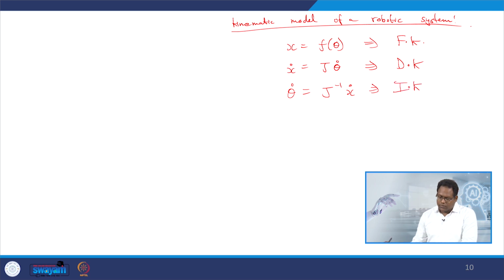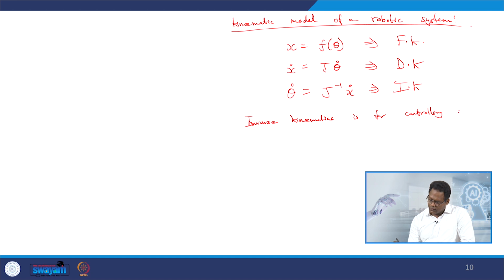As I mentioned earlier in the lecture, inverse kinematics is for controlling a manipulator. Let us see that. Let us consider the control law for this system, x dot equal to J theta dot.